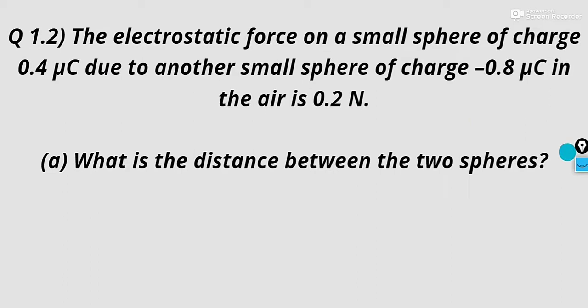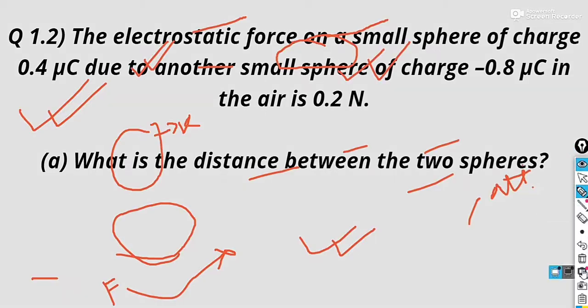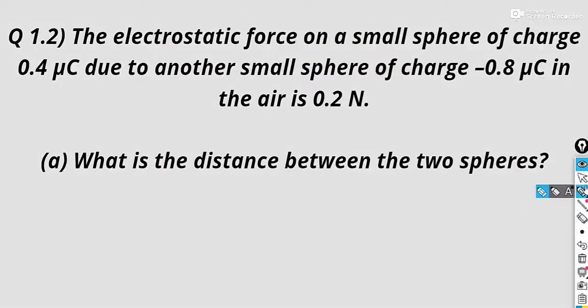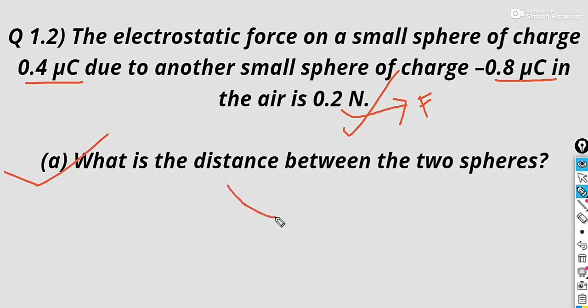Here we are given the force, the value of F, and we are given the charges. We have to find the distance between the two spheres, the two charges, that is r.